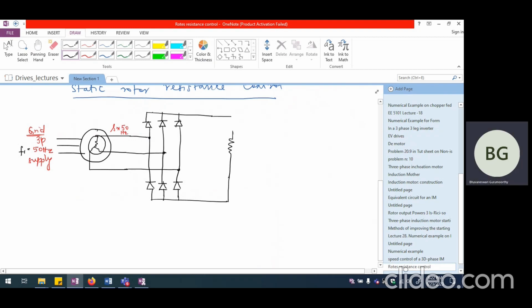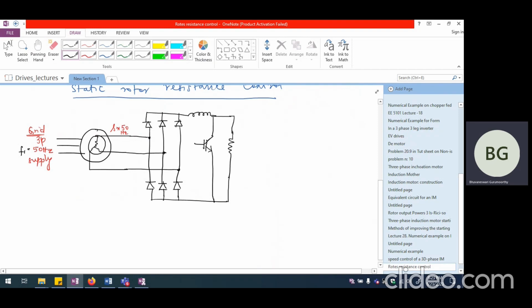We also have an inductance here, and this is the kind of current that flows. Now, I vary this rotor resistance with the help of a solid state switch connected right across it.